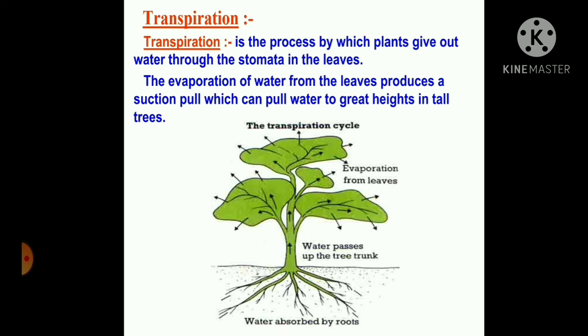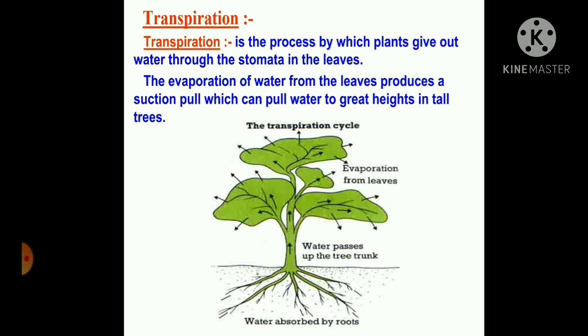So let me tell you what exactly stomata are. You must be knowing, but just for a quick reference, stomata are small pores that are present on the leaves of the plant. These small pores can be seen through magnifying glasses, and these stomata are surrounded by guard cells. The stomata help in the exchange of gases, and when the plant receives a lot of water, the plant does not require this water.